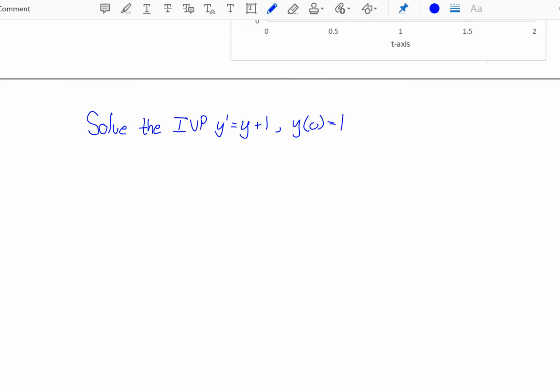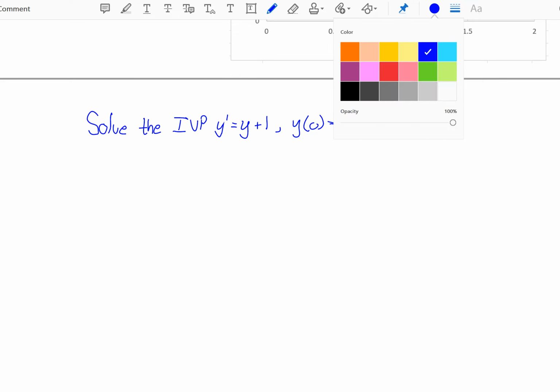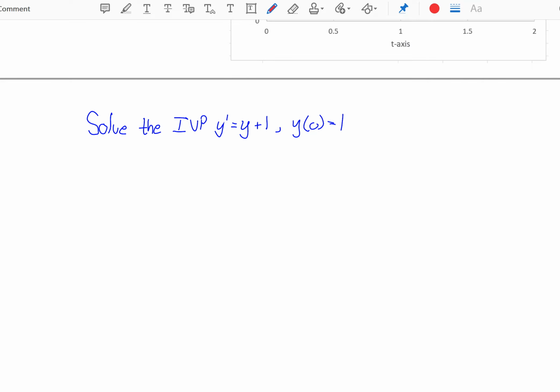Now, this should be a problem that you should be familiar with. So if we think about this differential equation, you want to recognize that this is a first order linear differential equation. And there's probably more than one method we could use to apply this, but I want you to recognize that this DE is a separable DE.